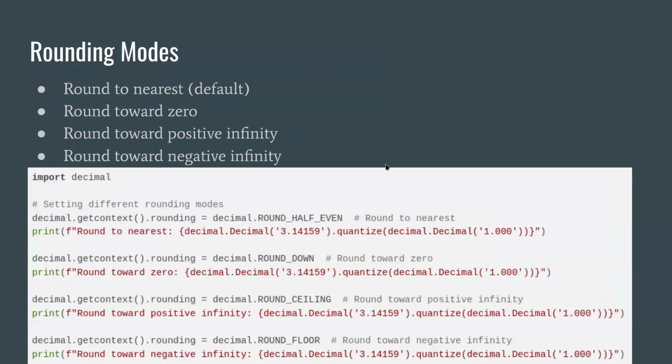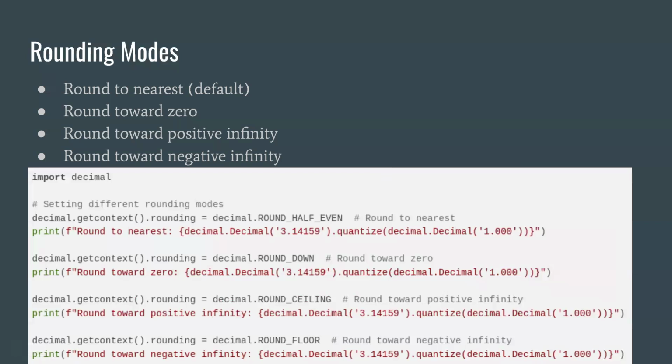Rounding modes. So IEEE 754 specifies several rounding modes to handle situations where the exact result of an arithmetic operation cannot be represented. So the default mode is round to nearest, which rounds to the nearest representable value.